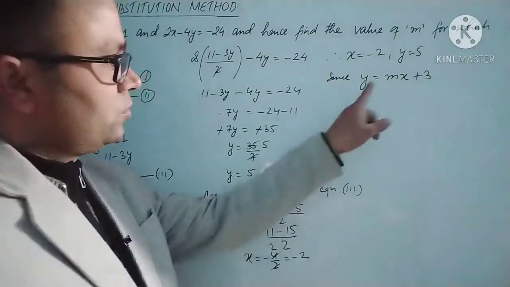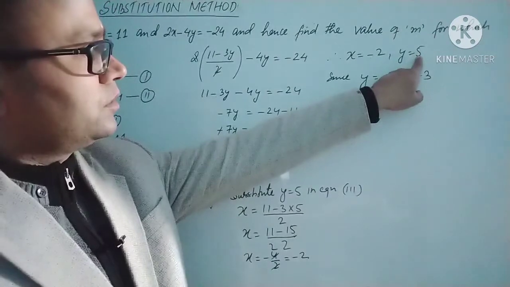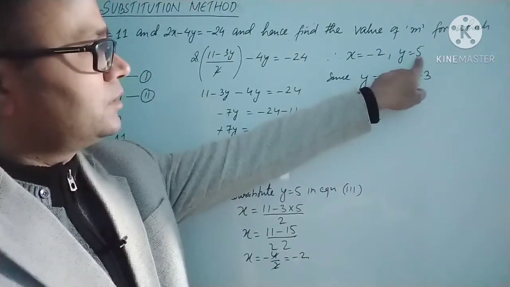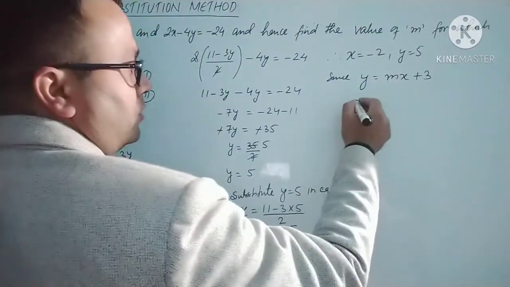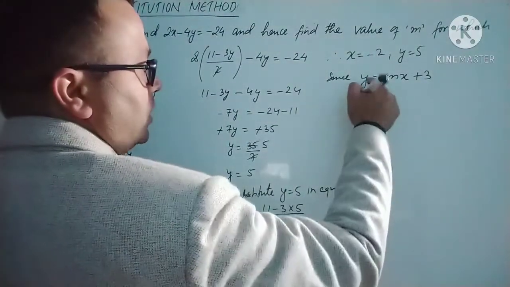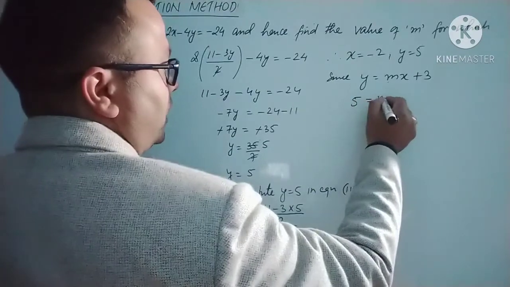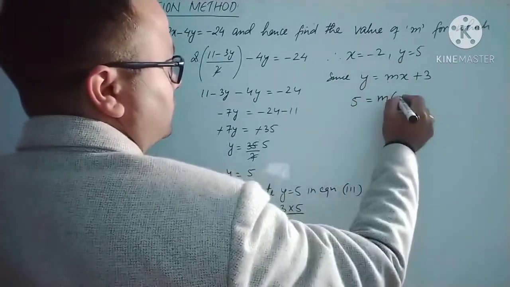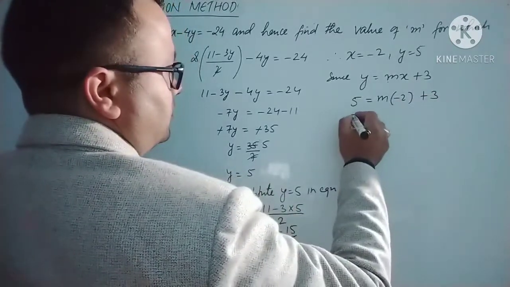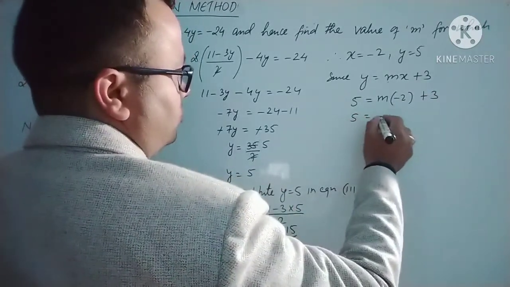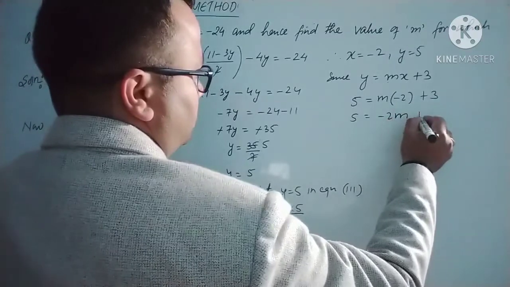So we have to put the value of y as 5 and the value of x will be minus 2. So instead of y we will write 5 here, and instead of x we will write minus 2. So 5 equals minus 2m plus 3.